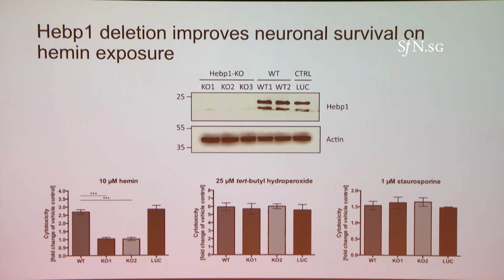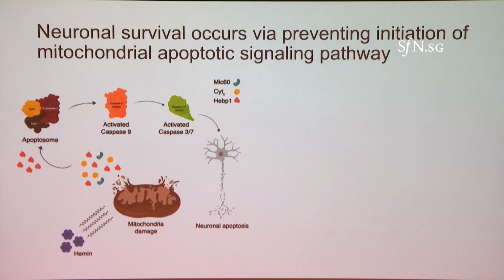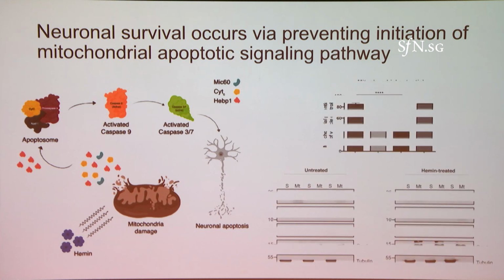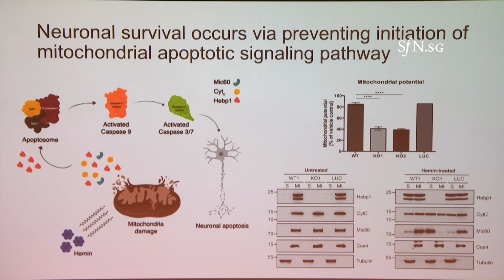Neurons don't die when you give them other stress. And the relationship to mitochondria is particularly interesting as well, because you can see that when neurons are exposed to heme, there's mitochondrial damage, and interestingly, even more surprisingly, HEBP1 knockout neurons have even more mitochondrial damage itself.